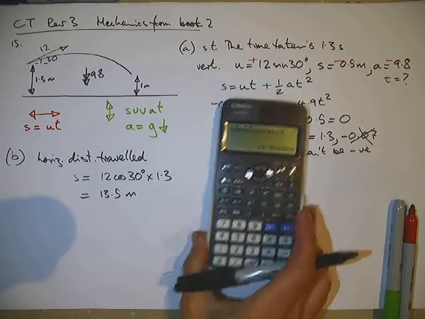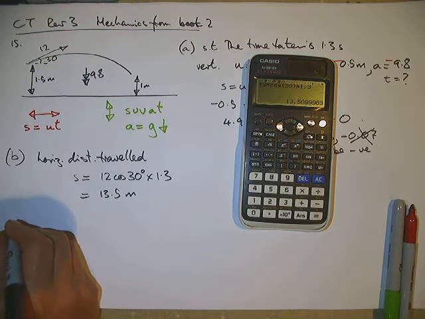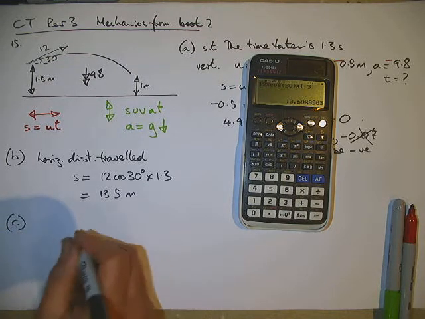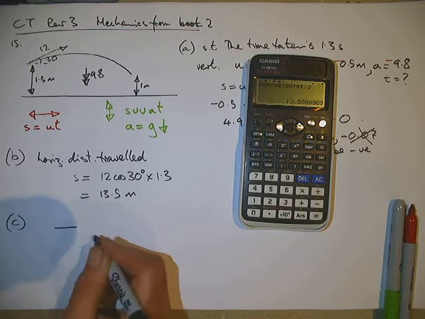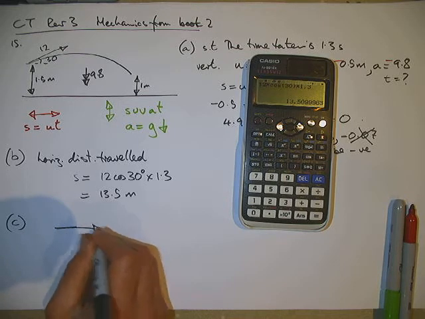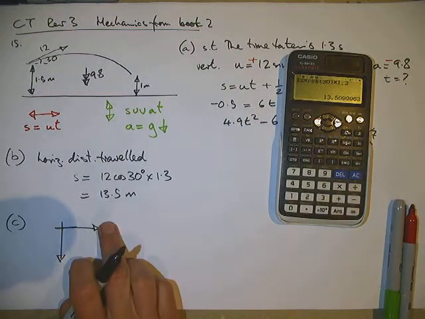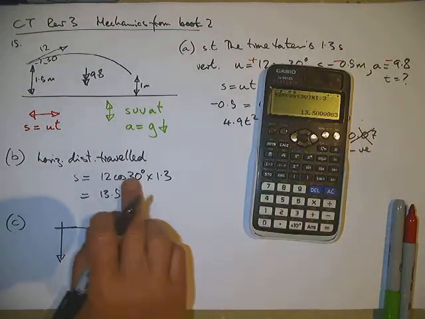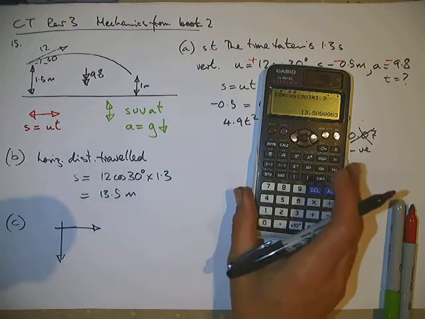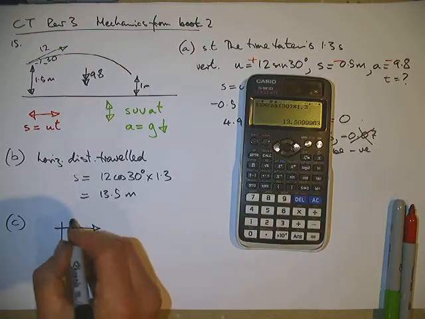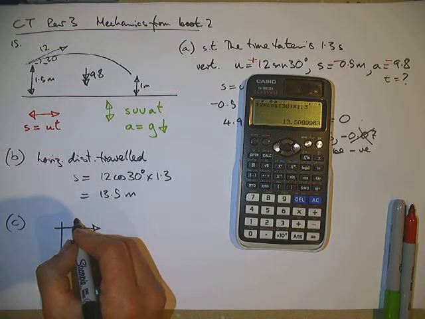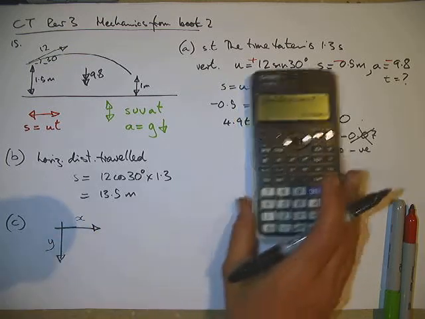Part C: find the speed when the arrow hits the target. Well, when it hits the target, the velocity is divided into two components. We have this horizontal component, which is still the same as it always is, the 12 cos 30. Let's call them x and y.